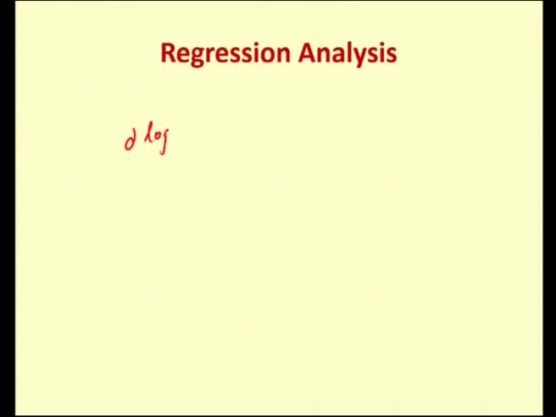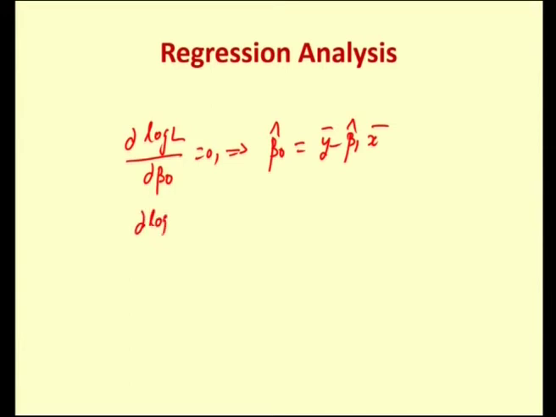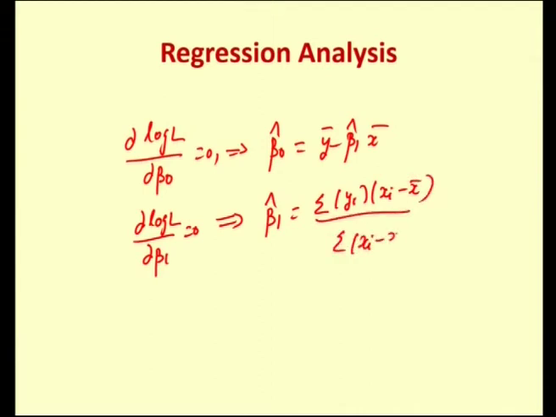So, dou log L by dou beta naught equal to 0 gives the MLE estimator beta naught cap is equal to y bar minus beta 1 cap x bar, and dou log L by dou beta 1 equal to 0, by solving this equation, we get the estimator beta 1 cap is equal to summation yi into xi minus x bar divided by summation xi minus x bar the whole squared, and sigma squared cap as summation yi minus beta naught cap minus beta 1 cap xi the whole squared by n.